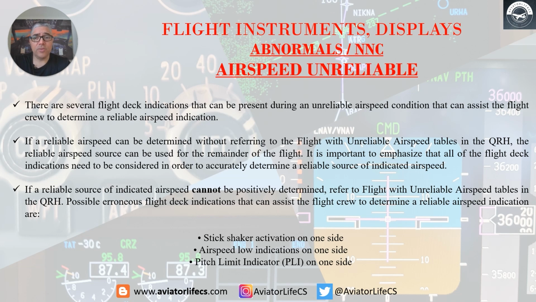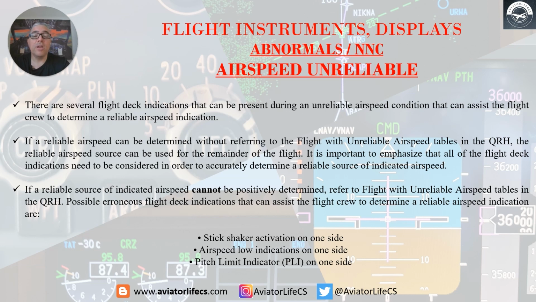So there are several flight deck indications that can be present during an unreliable airspeed condition that can assist the flight crew to determine a reliable airspeed indication. If a reliable airspeed can be determined without referring to the flight with unreliable airspeed tables in the QRH, the reliable airspeed source can be used for the remainder of the flight.